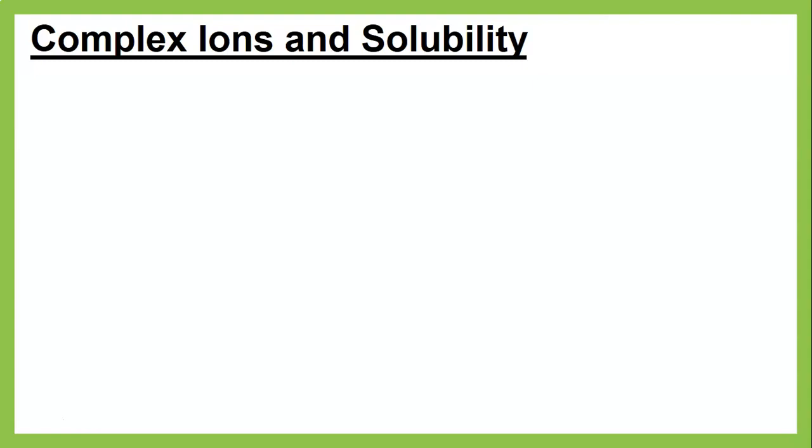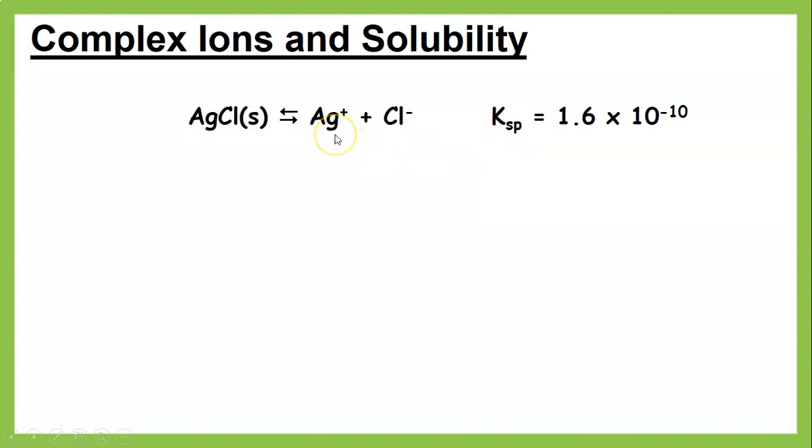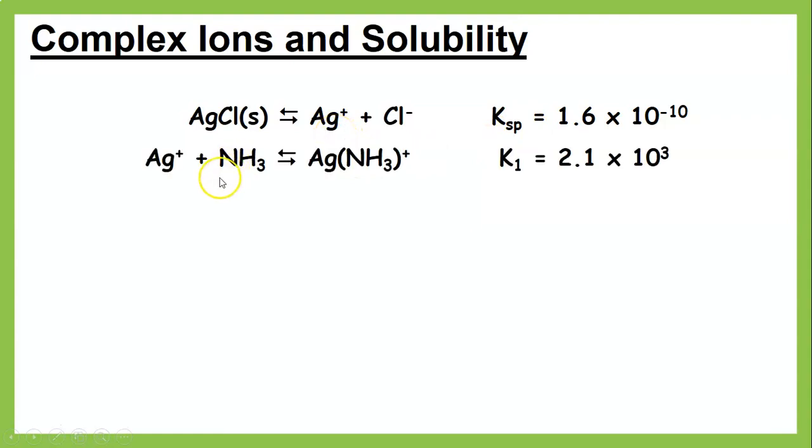And a reason might be that there could be some complex ions present that are affecting how soluble something is. So you could see here, this is what you would anticipate seeing. But that silver ion could do some strange stuff if you had a ligand present. Now it made this complex ion.